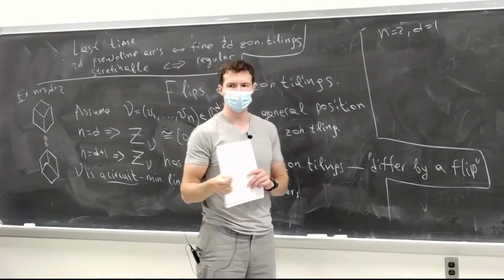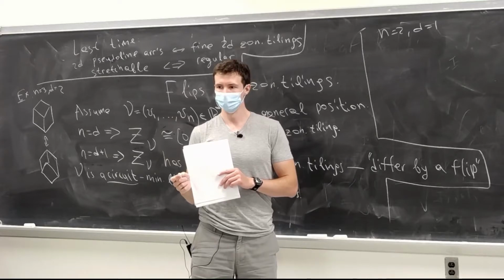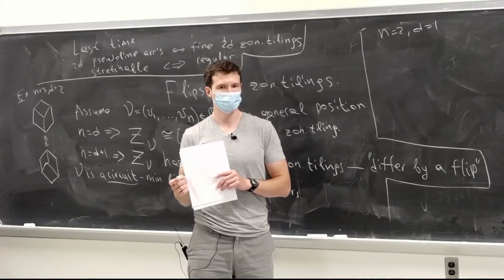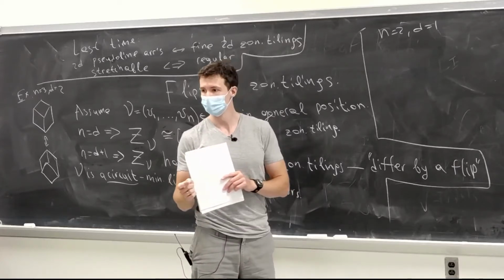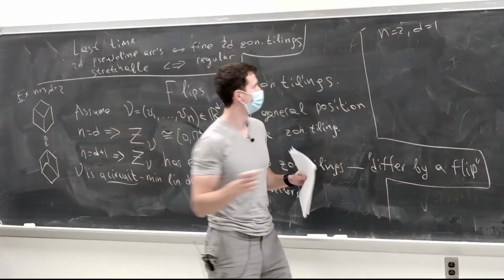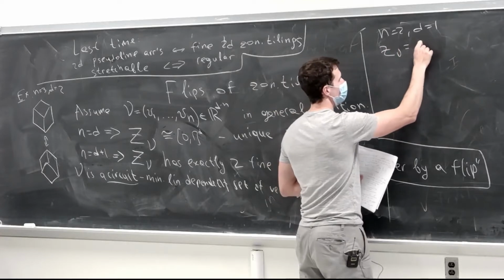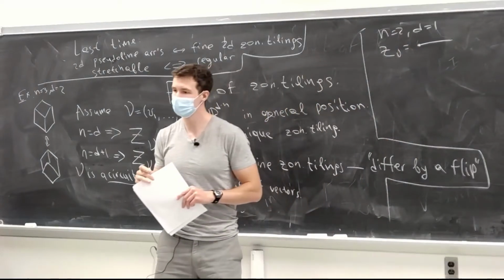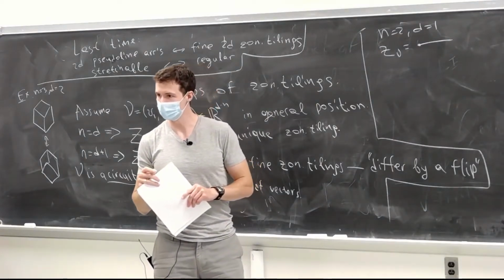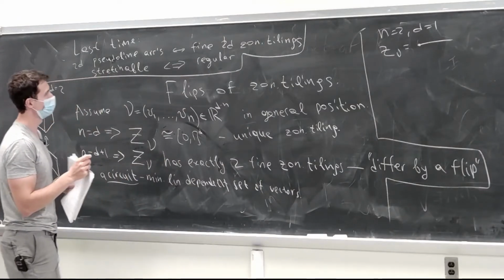Then what's my zonotope and what are the two tilings? A line. Is it a whole line or a line segment? So let's actually see.